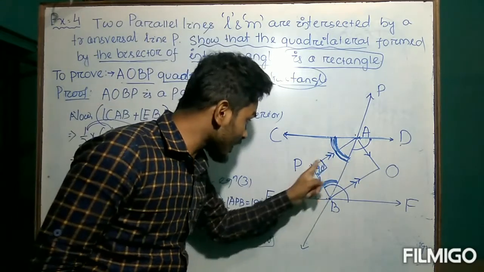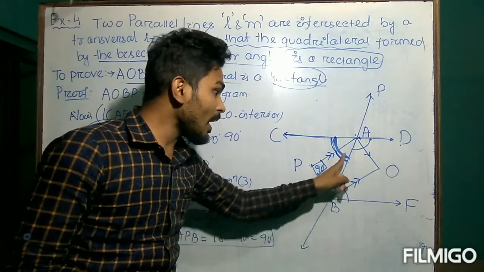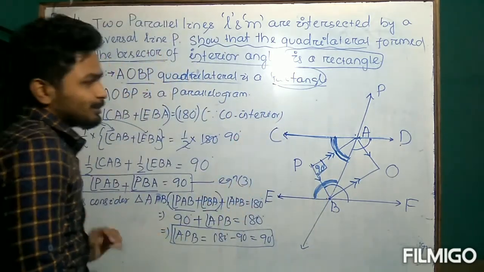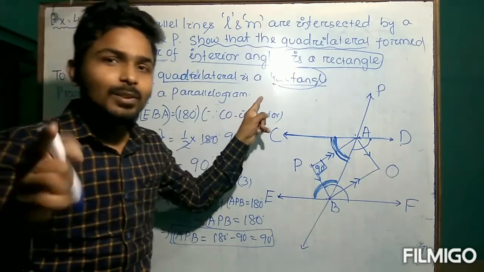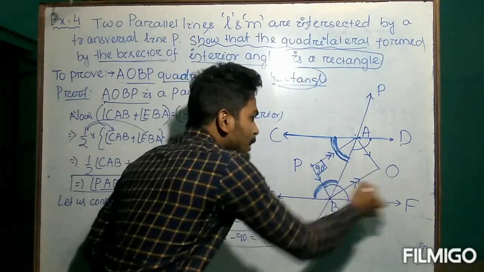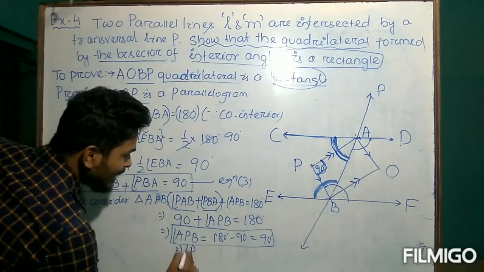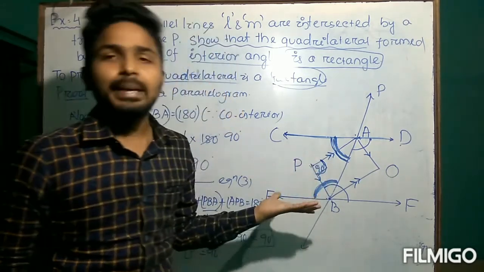This is a triangle, so the sum of all three angles is 180 degrees. If these two are 90 degrees, then definitely this angle is 90 degrees. Done. Now, already we know AOBP is a parallelogram. Yes or no? Yes. And in this parallelogram, this angle is 90 degrees, so simply we can write angle P is 90 degrees. No problem at all. Either you can write APB or angle P.